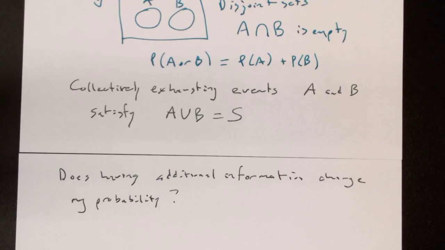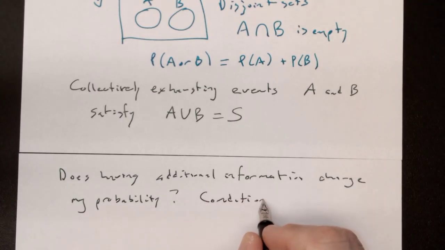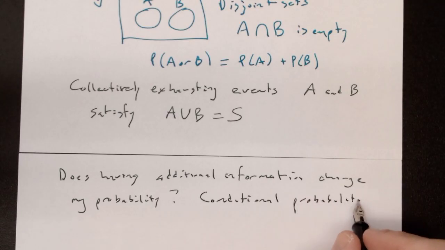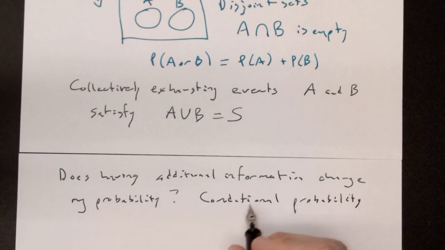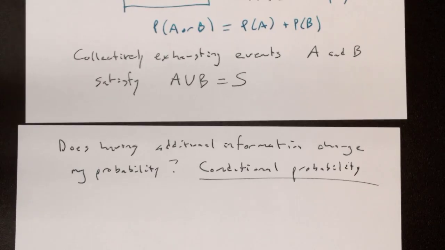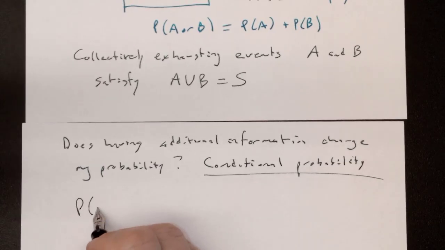This idea is called conditional probability. And we're going to write the chance of A given B. That little vertical bar is read, given.